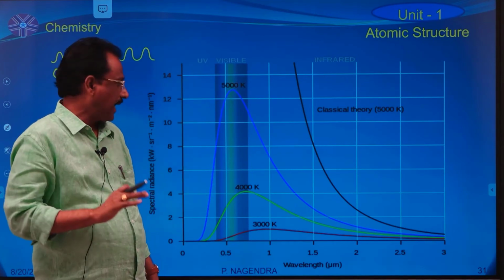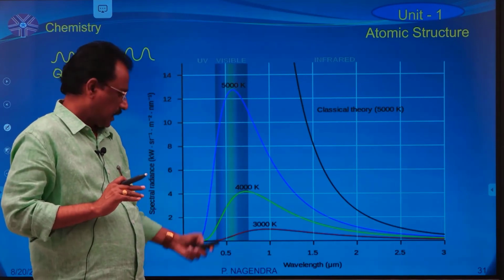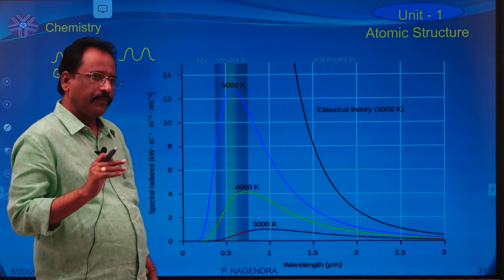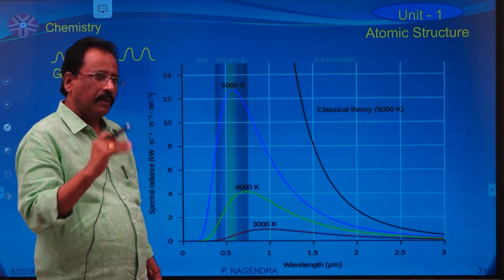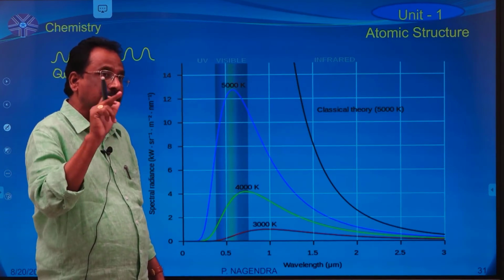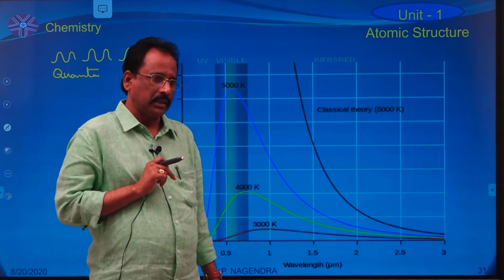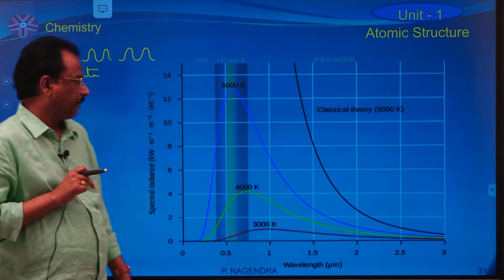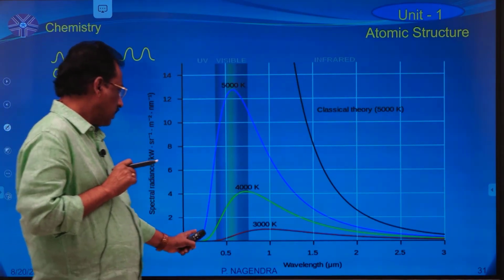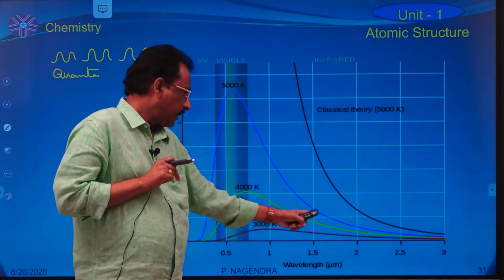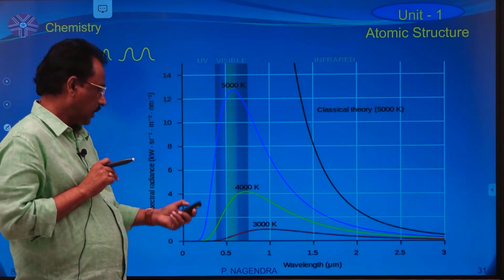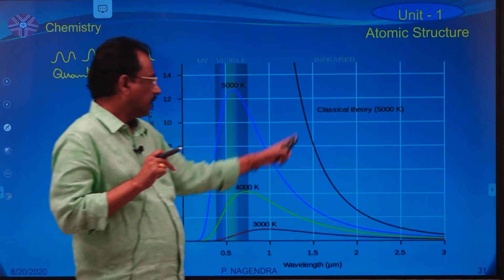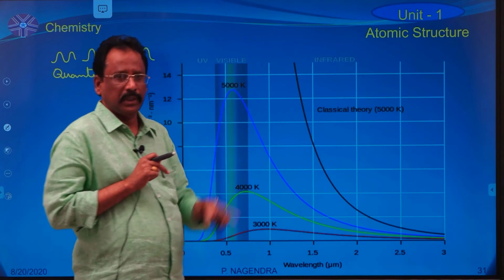But according to Planck's quantum theory, a body can emit or absorb radiation discontinuously. Remember that this word is very important in Planck's quantum theory. That's why some peak is obtained like this. So that is the main difference between classical theory and quantum theory.